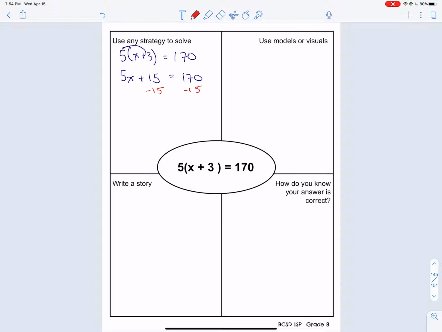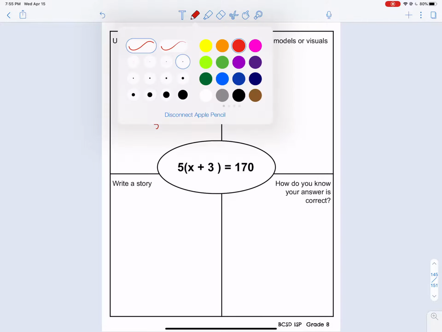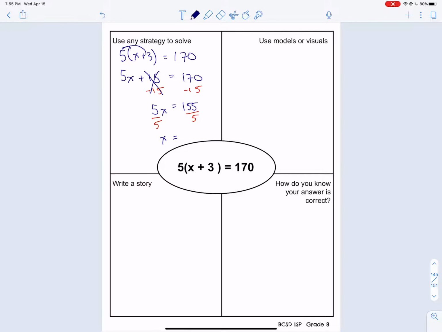So 170 minus 15 is 155. And that on the left is 5x. The 15 minus 15 became 0. So we have 5x equals 155. Divide both sides by 5. We get x equals, let's see, 5 and 31. Okay, so there's our solution.